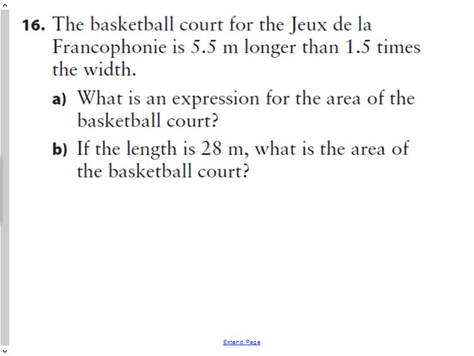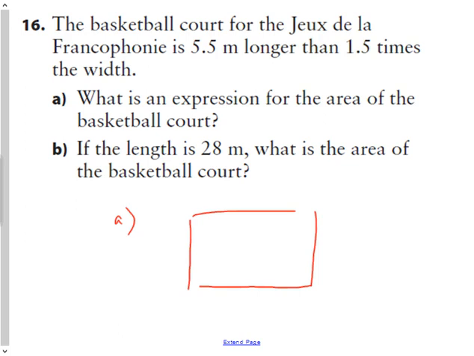And the last question that we did says, the basketball court for Jeux de la Francophonie is 5.5 meters longer than 1.5 times its width. So the first strategy all good math students will do when given a story problem is, if you can draw what the words are describing, it'll make it much easier.